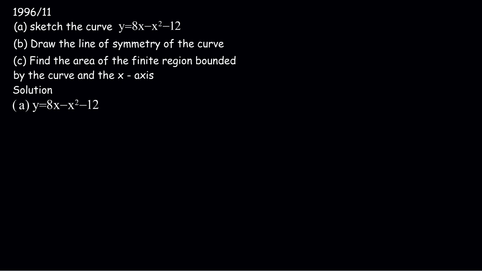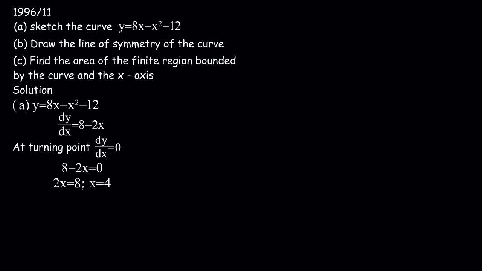Now, differentiating our function y equals 8x minus x squared minus 12, dy/dx will be equals to 8 minus 2x. And we know that at turning point, dy/dx will be equals to 0. So therefore, 8 minus 2x will be equals to 0, and 2x will be equals to 8. Dividing both sides by 2, x will be equals to 4.